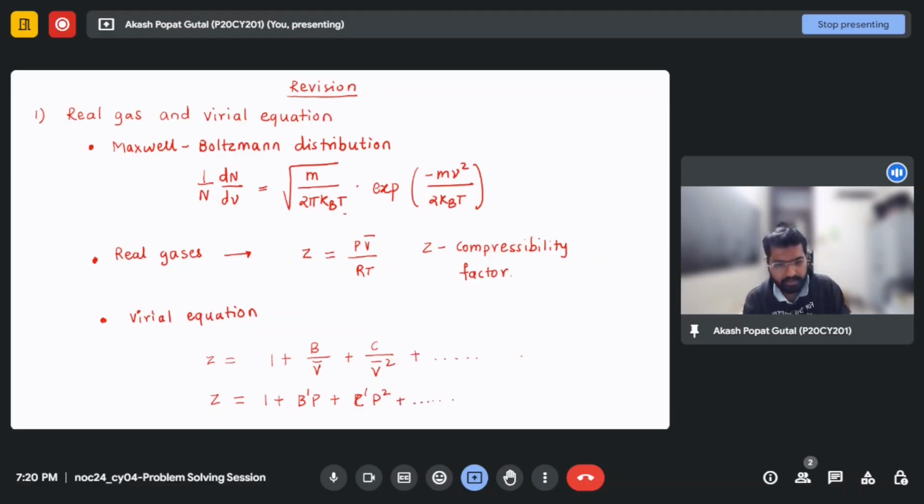These B, C are the coefficients, called second and third order virial coefficients. Here the important one is B, which is the second order coefficient in the virial equation.